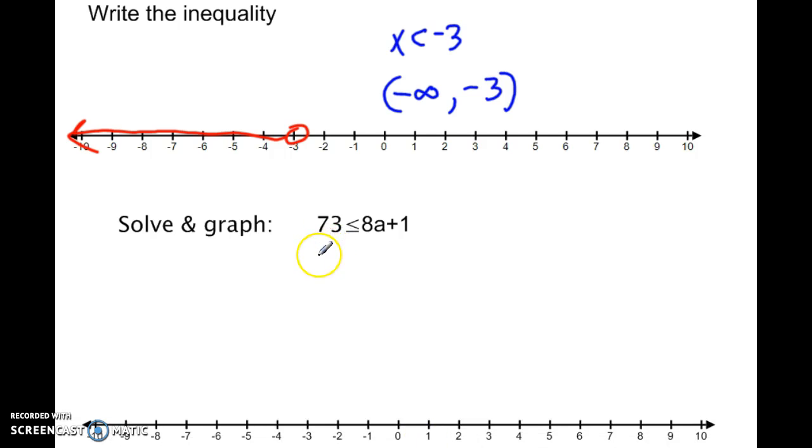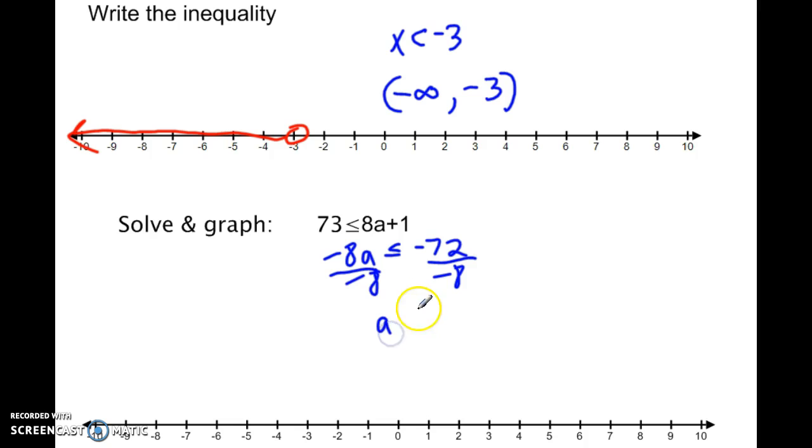Solve and graph. With this one, we're going to just solve this real quickly. Let's subtract 8a, so negative 8a is less than or equal to negative 72. Divide by negative 8.